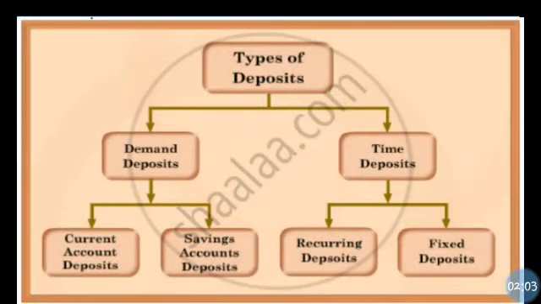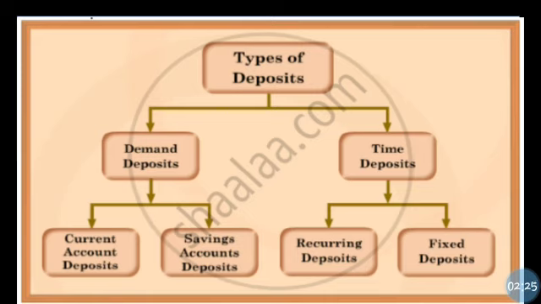As you can see here, types of deposits, it is classified in two types, demand deposits and time deposits. Now what are the demand deposits? Again, it is classified as current account deposits and saving account deposits.